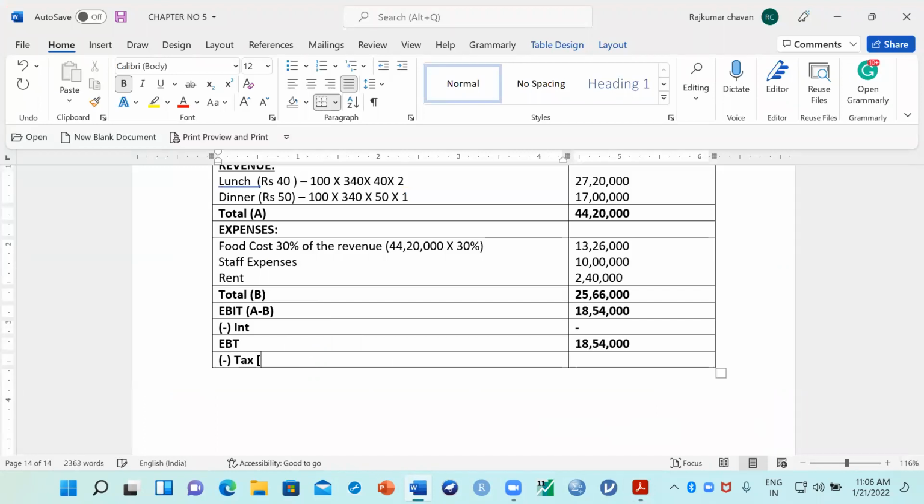How do we calculate tax? 18 lakh 54,000 into 40% is the total tax they will be paying. So what is the tax amount here? How much are they paying in tax? So this company will have a total tax of how much? 7 lakh.